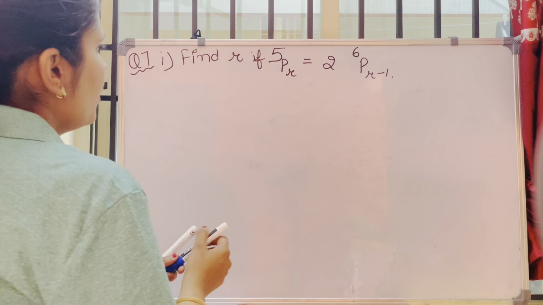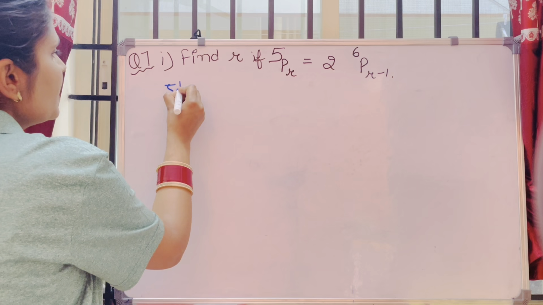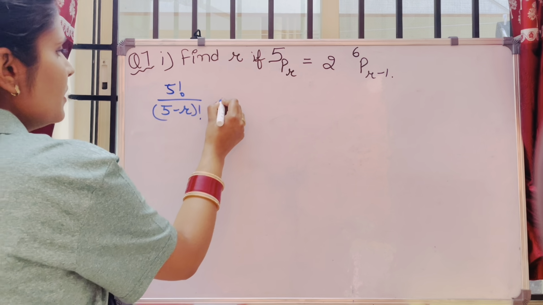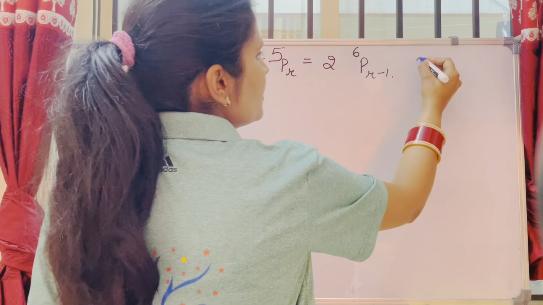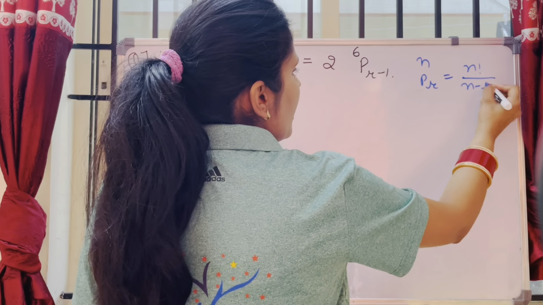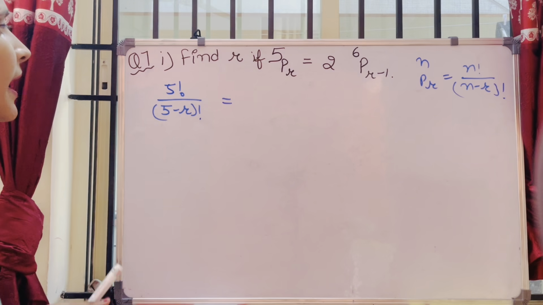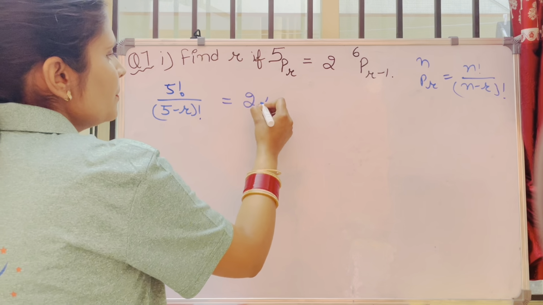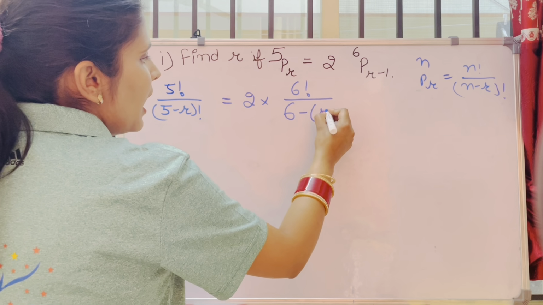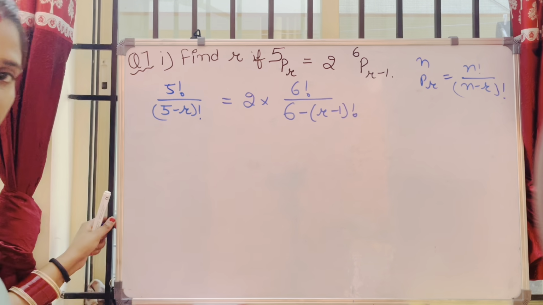So 5 factorial upon (5 minus r) factorial, because we know nPr is equal to n factorial upon (n minus r) factorial. In the next step, 2 into 6 factorial upon (6 minus (r minus 1)) factorial.